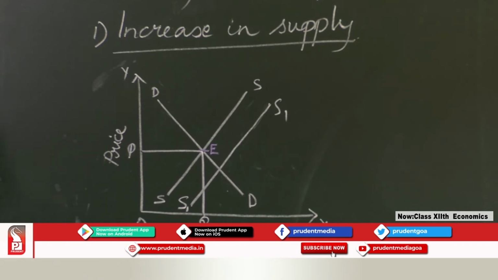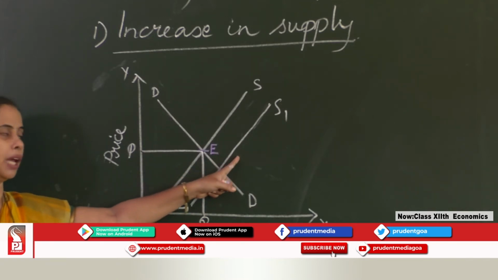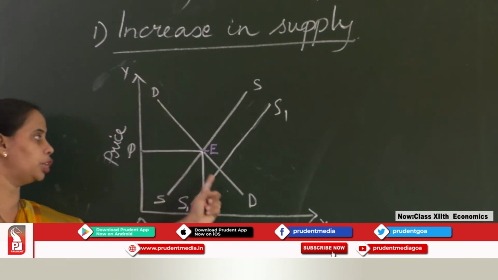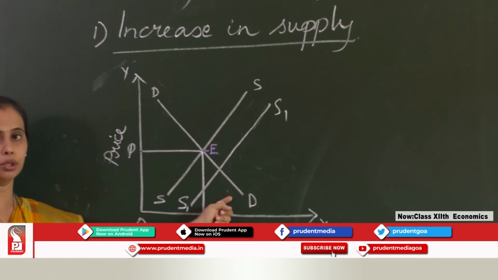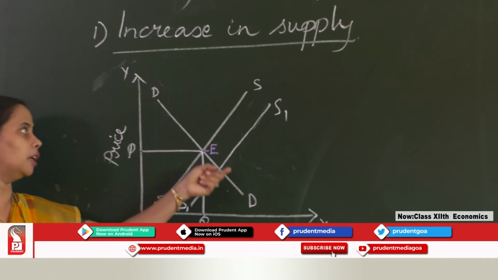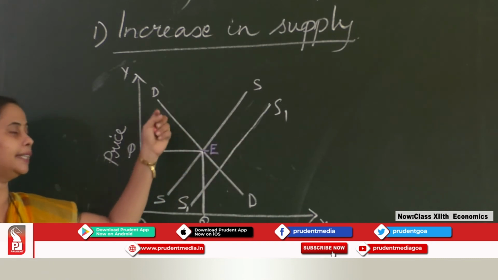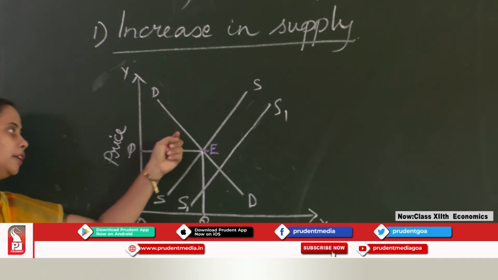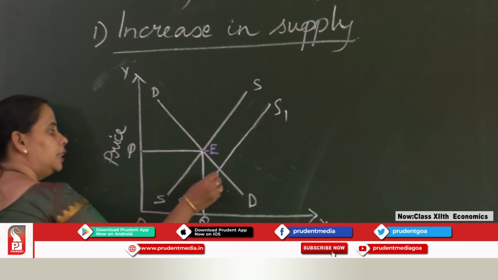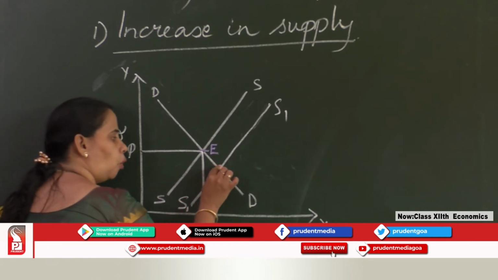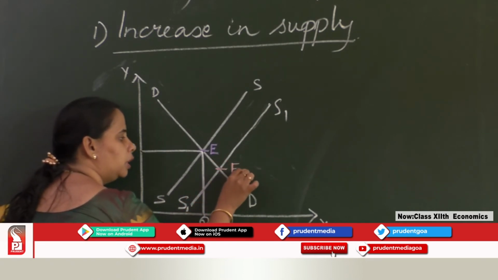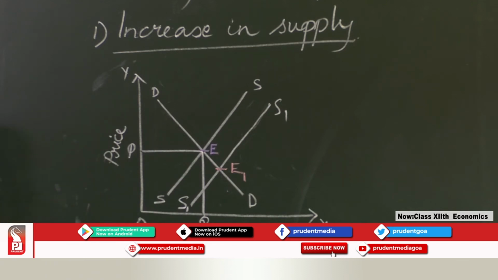Again, the point of equilibrium, the condition remains the same, that is the point of intersection between the demand curve and the supply curve. In this case, we have a new supply curve and the same original demand curve. So we take the point at which the new supply curve intersects the original demand curve as the new equilibrium E1.